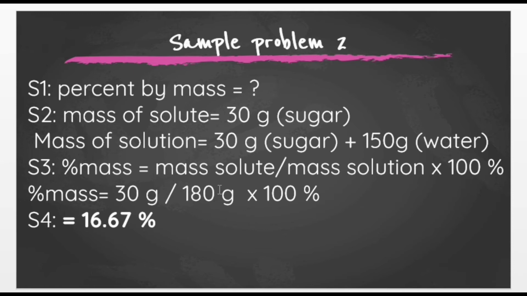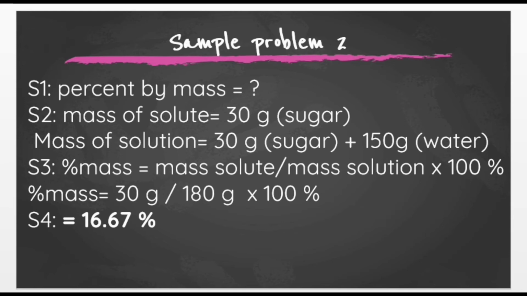Kaya pag yung gani kag solution, it is composed of solvent and solute. Mao na sila kung mao na yung solution. So, 30 over 180, times 100%. The answer is 16.67%.